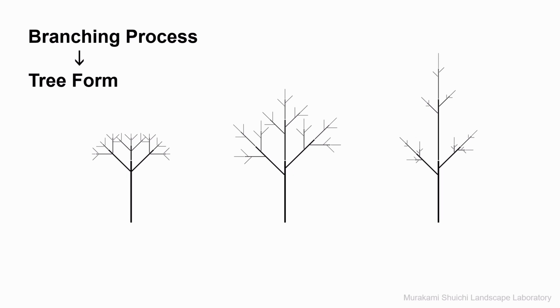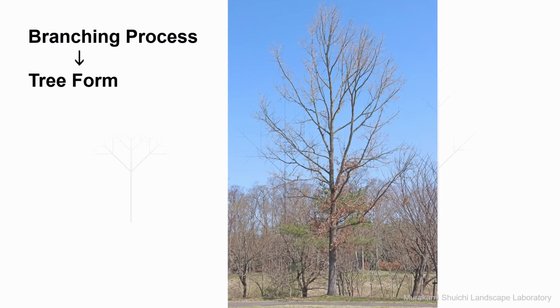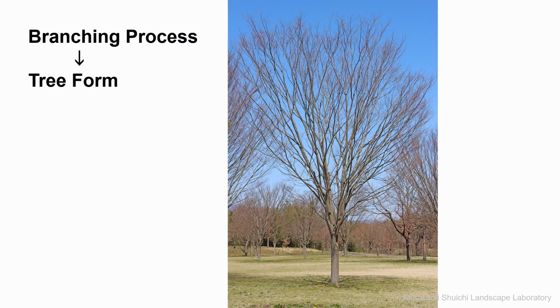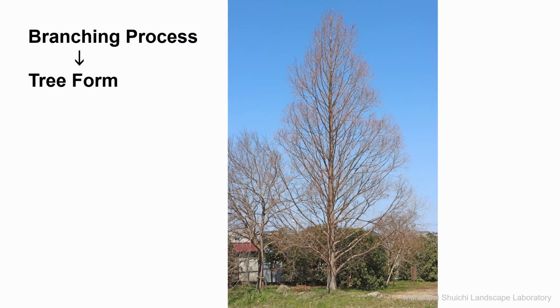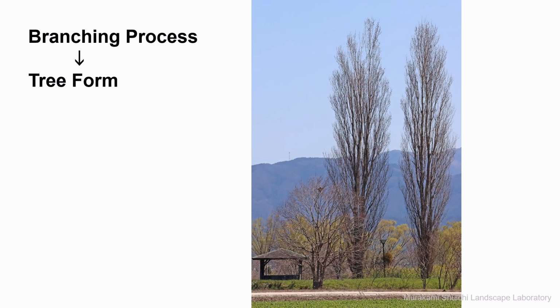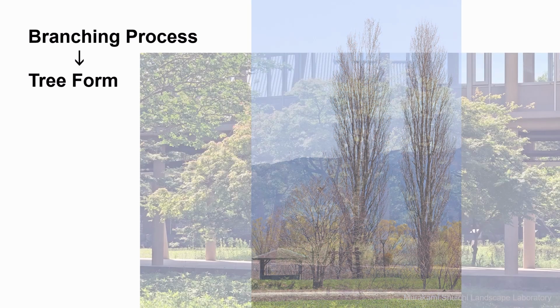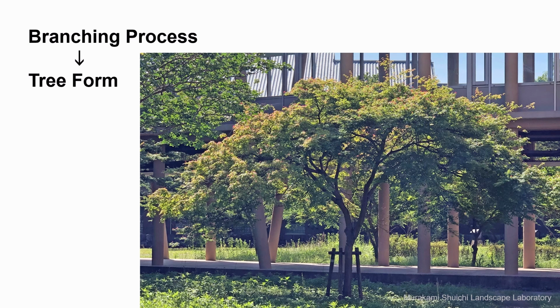In addition, external factors such as physical pressure, wind, or damage influence growth. Through the interaction of countless variables, the simple repetition of branching becomes increasingly complex, resulting in the magnificent branching structures we see in real trees.